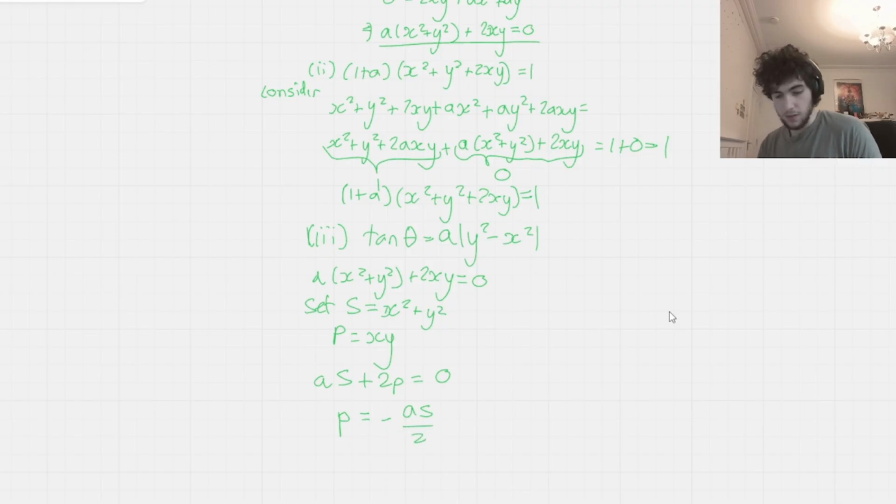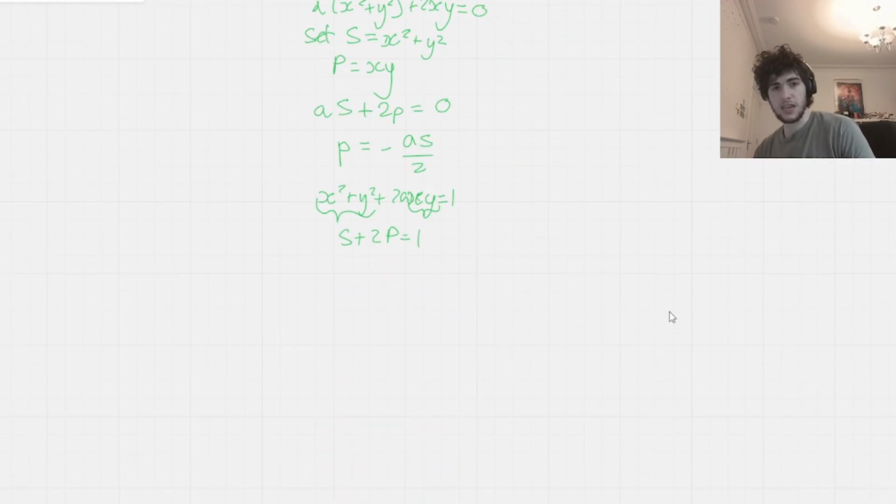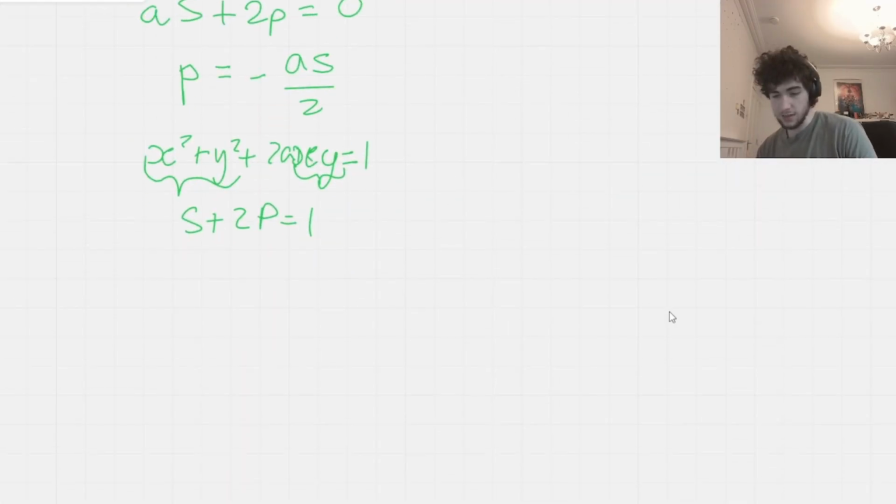And also, we know from the equation of the curve that x squared plus y squared plus 2axy is equal to 1, right? So if we plug in, this is our s, this is our p, so we know that s plus 2ap is equal to 1, and so we can solve for s.